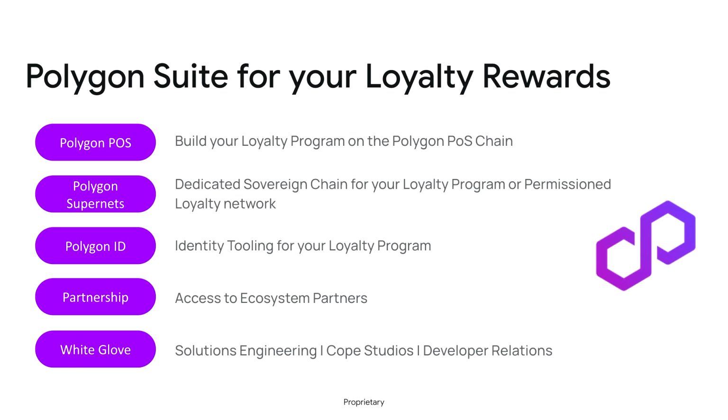So the Polygon Loyalty Suite, without getting too deep into the product roadmap, we are essentially a scaling solution for Ethereum. We believe that Ethereum is going to be the settlement layer for the Internet of Value. So whether it's financial use cases, in-game digital assets, or loyalty programs, this will be a shared settlement layer, and we believe that can unlock a lot of economic opportunity.